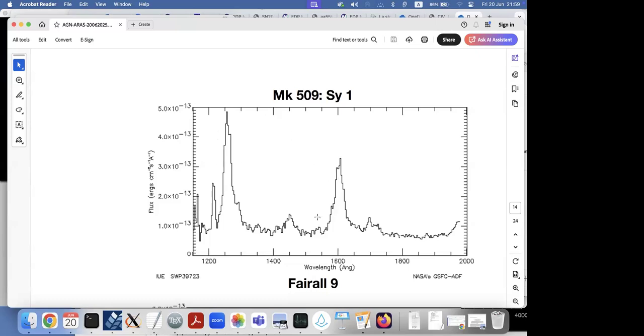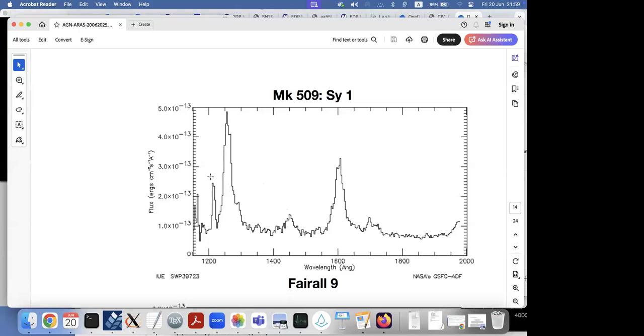Okay, this is carbon-4, helium-2, the silicon-4, oxygen-4 lines, and this is Lyman alpha plus nitrogen-5. This narrow line is the thing that gives this away.